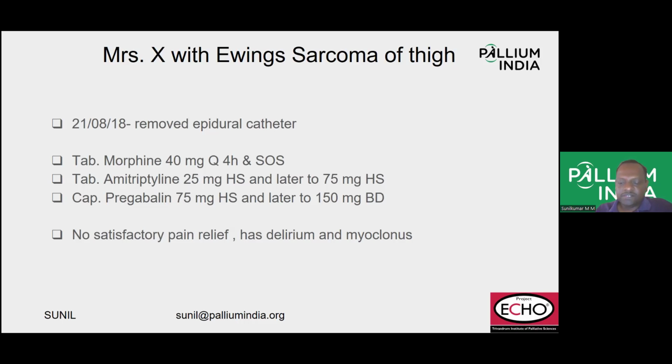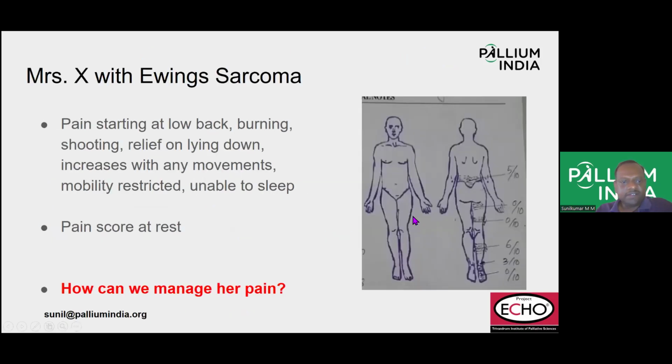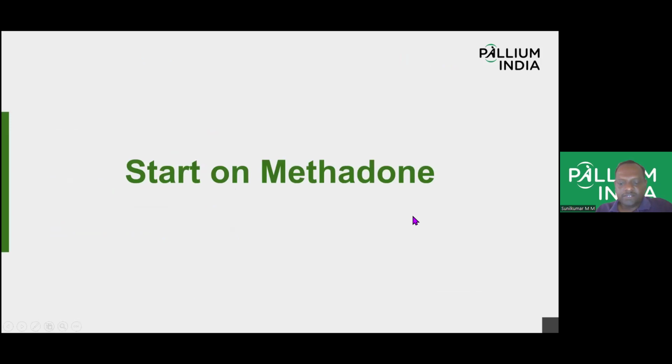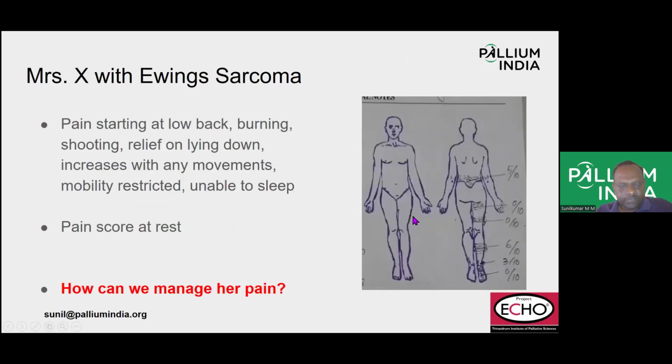Okay, so this is the time when this patient approached us. Okay. So actually, that was the time when methadone was available, and we had a few classes on methadone. So we thought this patient would be a good patient to start on methadone.